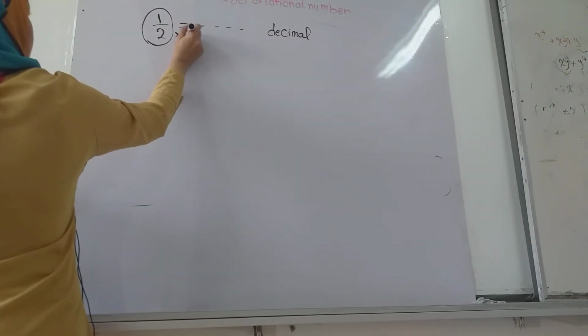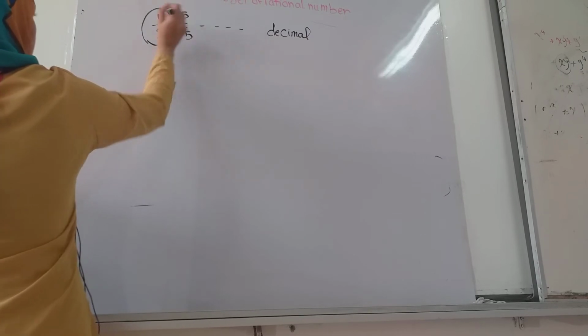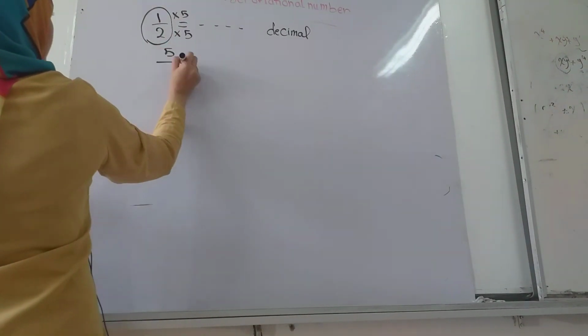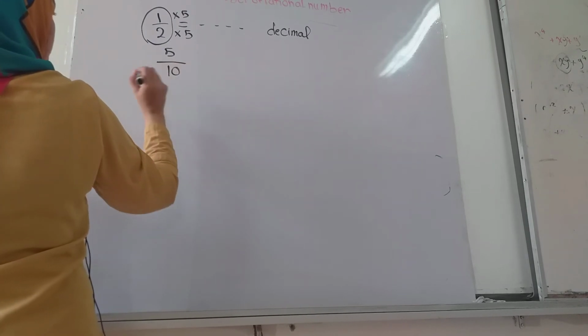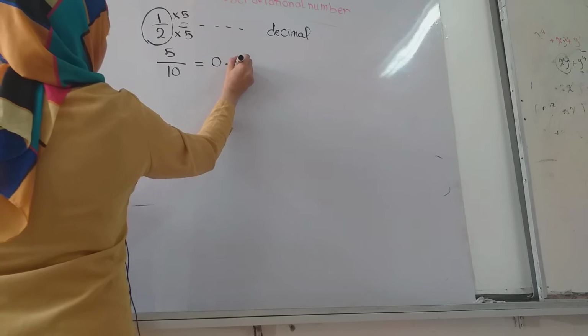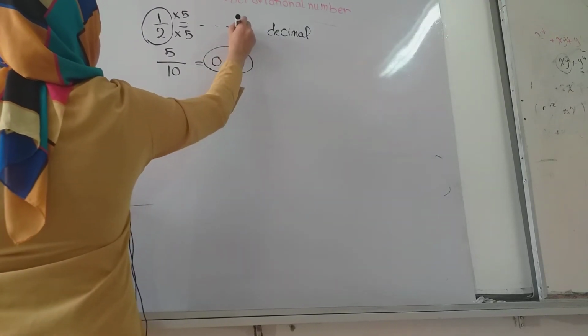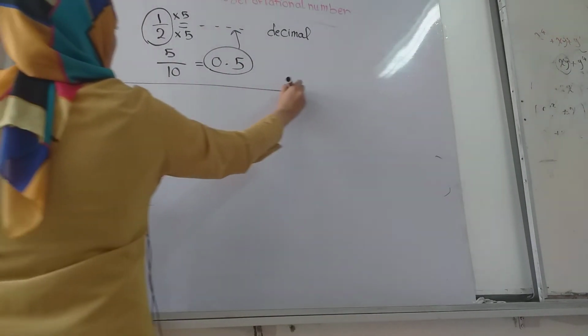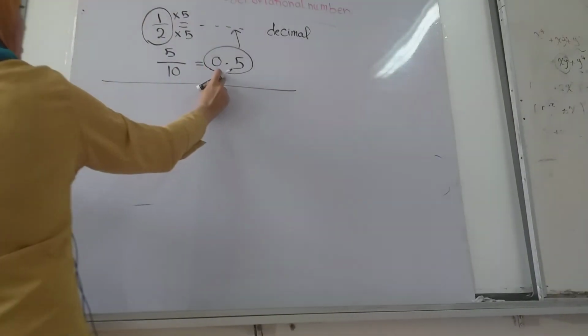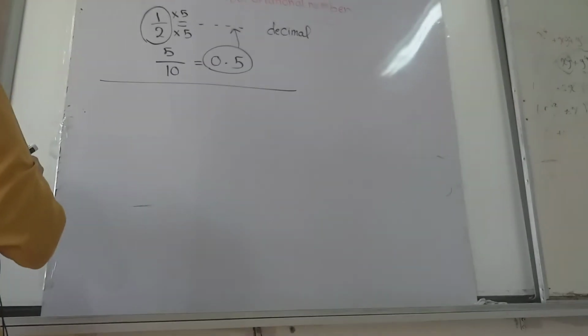By multiplying by 5, which we took in primary 4. 1 times 5 equals 5, 2 times 5 equals 10, 5 over 10 as a decimal equals 0.5. And we can do it on the calculator. Half equals what? And press S-D, it will answer 0.5 as a decimal.